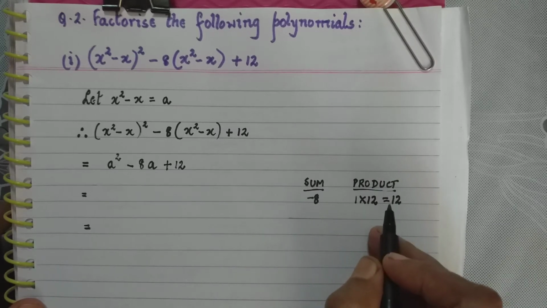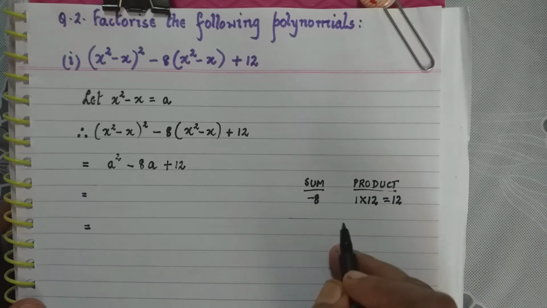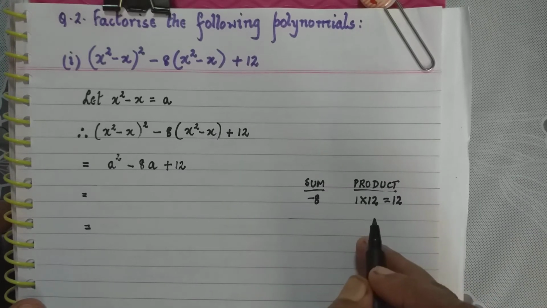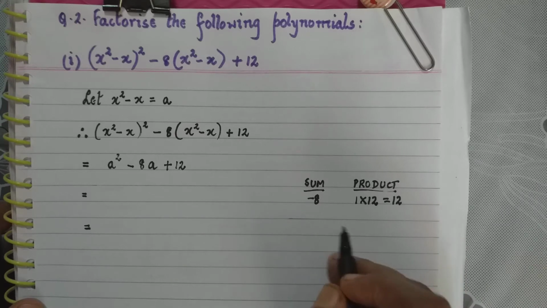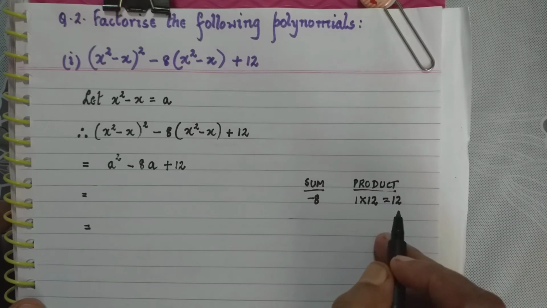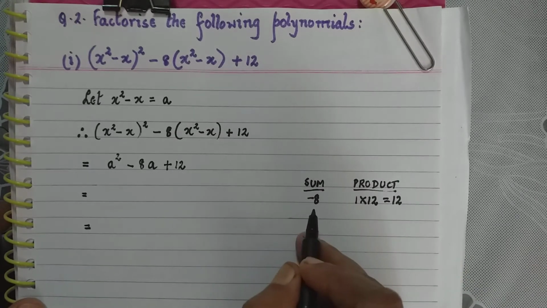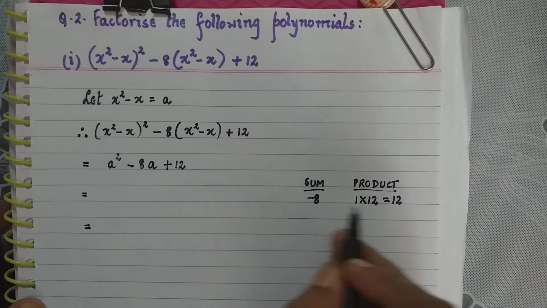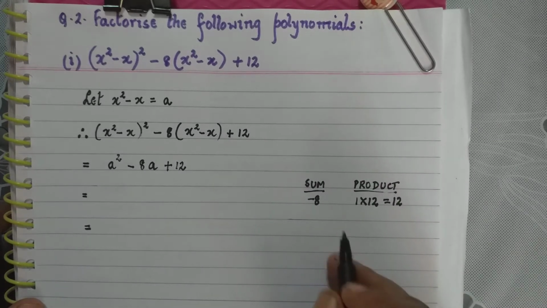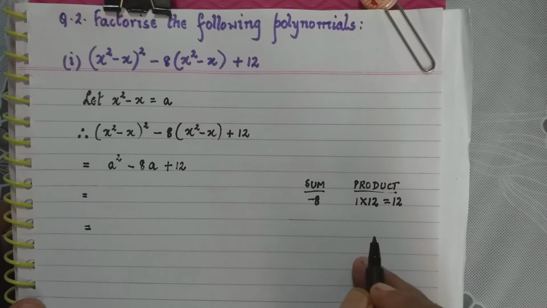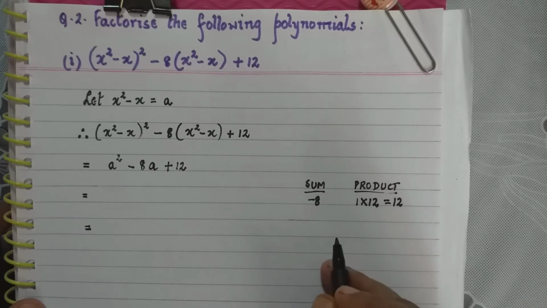So we have to think of two numbers whose sum is minus 8 and product is 12. Now since the product is positive, we know that both the numbers should be negative or both the numbers should be positive. Now look at the sign of the sum, it is minus. So that means both the numbers which we consider should be negative.